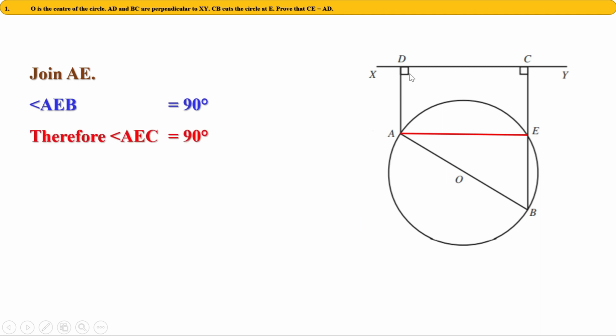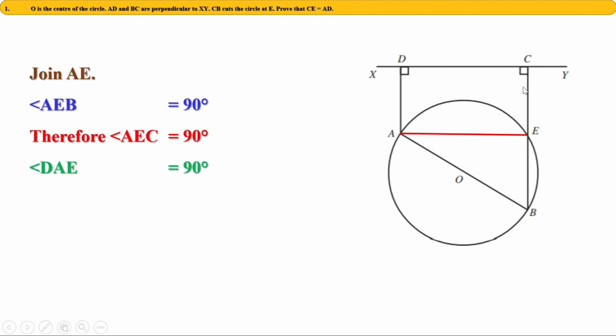This angle is 90 degree. Angle C is also 90 degree. Now we got this angle is also 90 degree. Then what about this angle? That angle is also equal to 90 degree because sum of all the 4 angles of a quadrilateral is 360 degree.